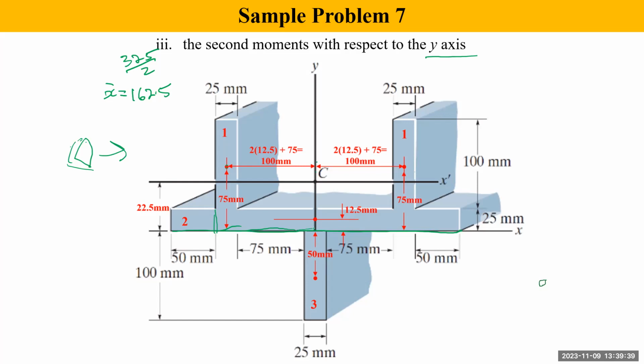So 50 from this, what would that give you? It would give you 112.5. Correct? Agree? So up to this point from here to here, it would be 112.5.